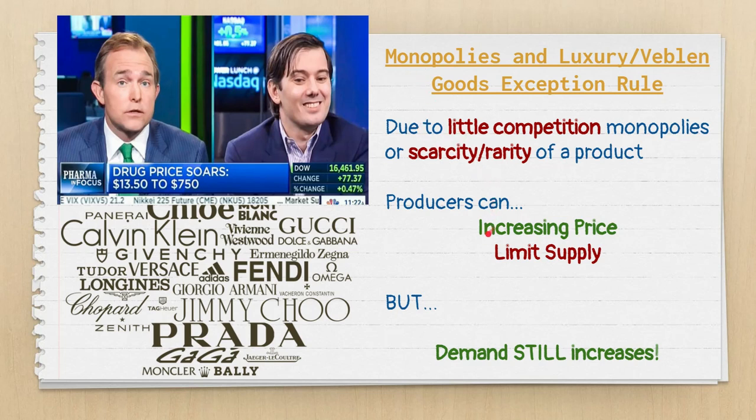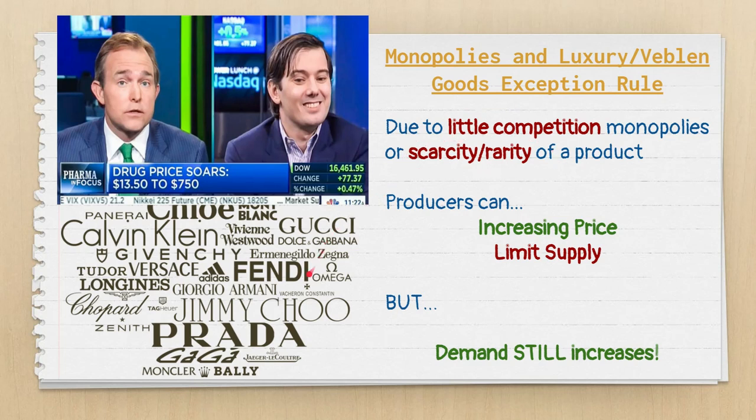They were able to increase the price of their good. They even could limit the supply, how much was given out. However, even though they were increasing the price, from $13.50 per pill to $750 a pill, the demand still increased because they had little competition, or it was a scarce or a rare resource.